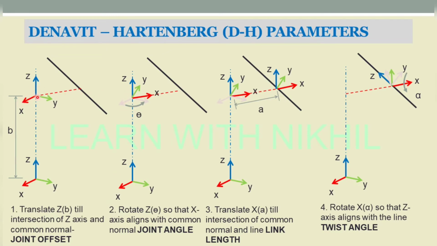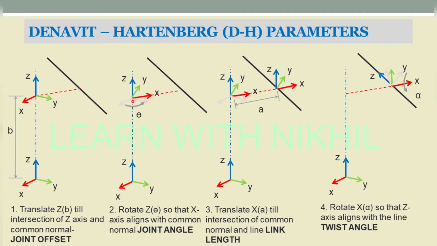Second, we have to align the x axis always onto the common normal line. To align the x axis onto this line, we have to rotate along the z axis, so that the common normal and the x axis come in one line.